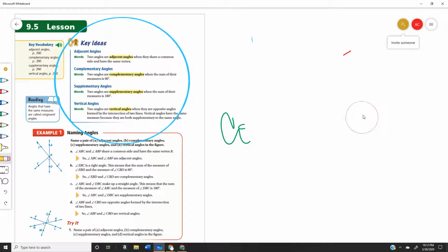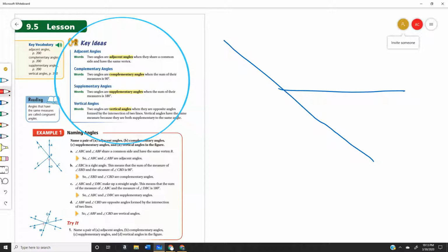Supplementary angles are angles whose sum of their measure is 180 degrees. So we're talking about angles like this. So this one and this one equal 180 degrees. Maybe angles like this, where this one and this one equal 180 degrees. We can even have them going vertical.